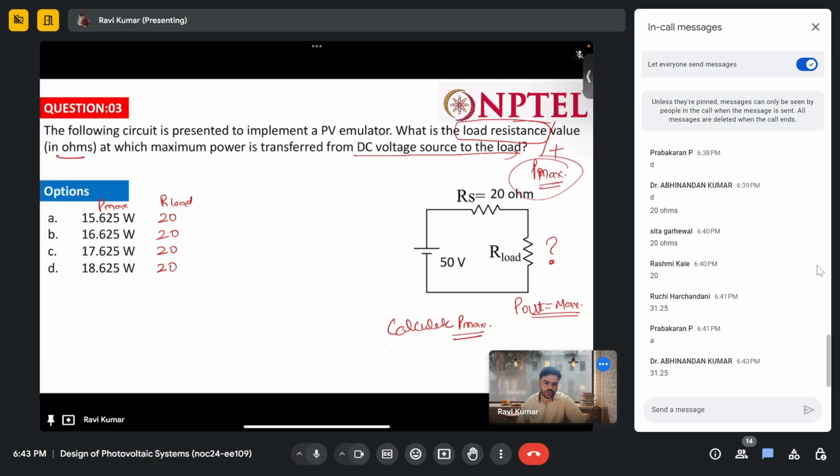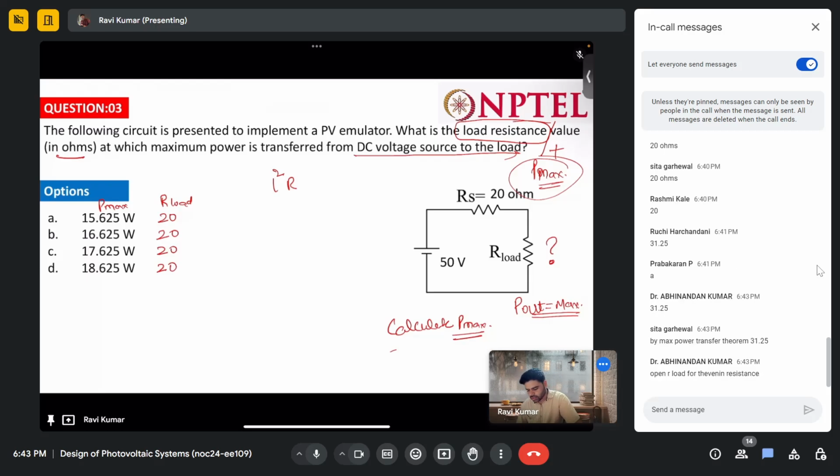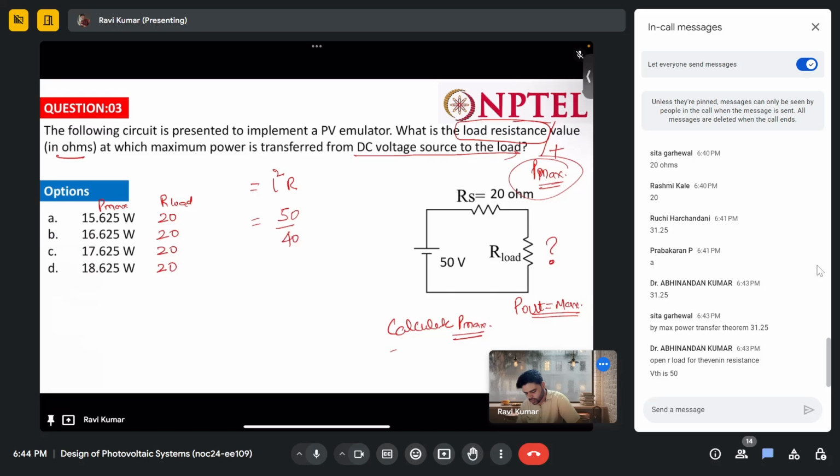You are saying 20, and then we can simply say I square R, and I will be 50 divided by 40 square into R.